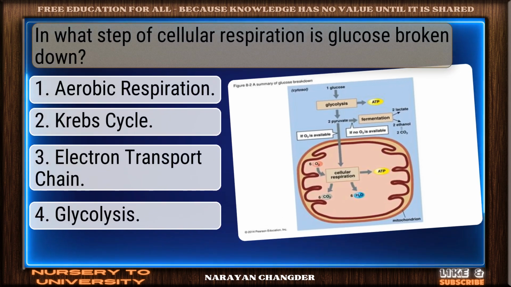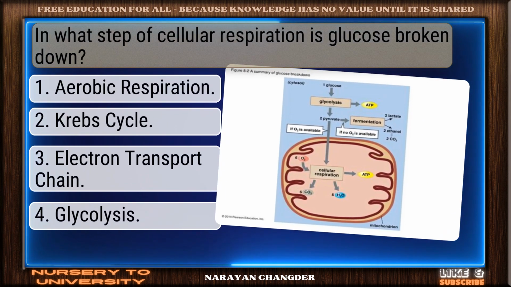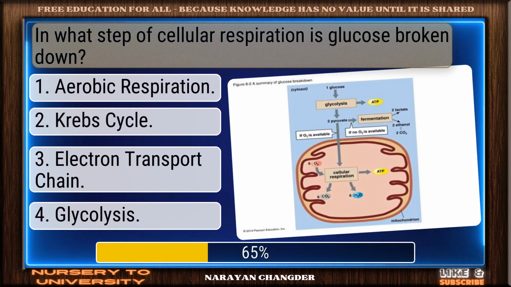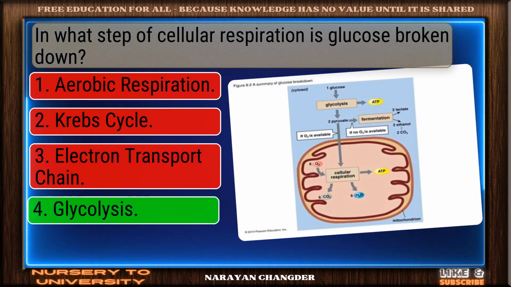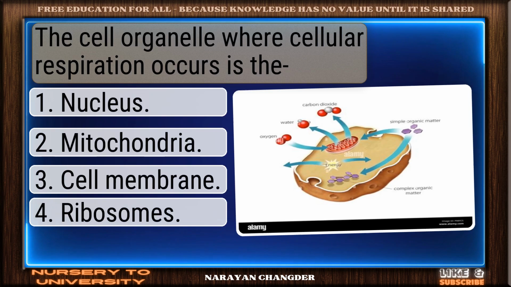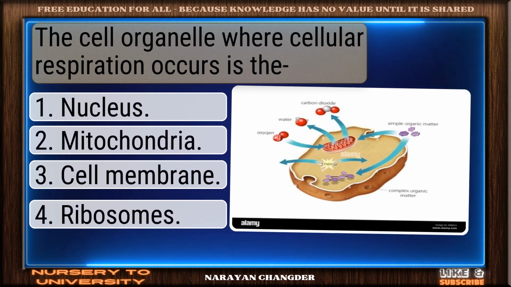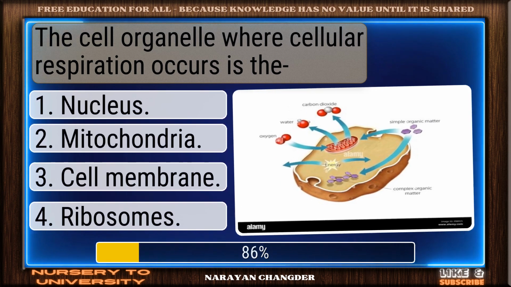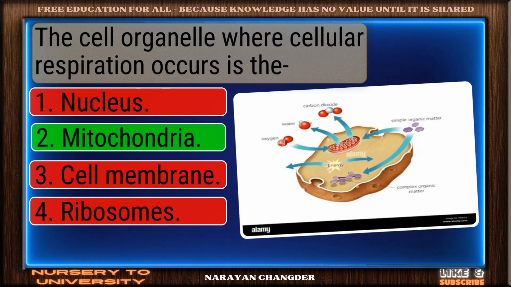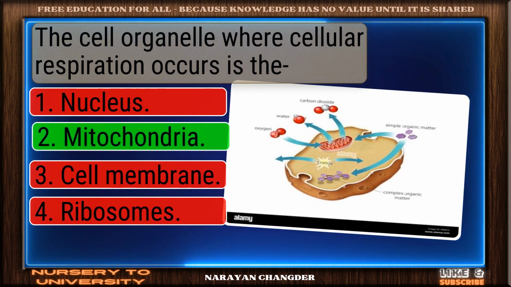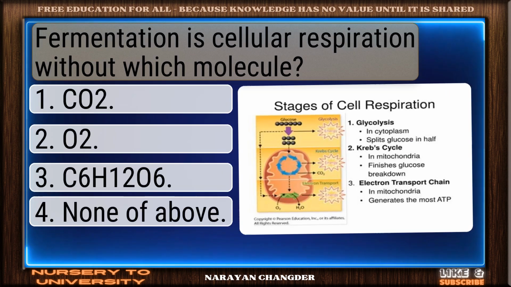In what step of cellular respiration is glucose broken down? Valid point. Glycolysis is true. The cell organelle where cellular respiration occurs is the. Clear logic. Your choice mitochondria is sound and 100% true.